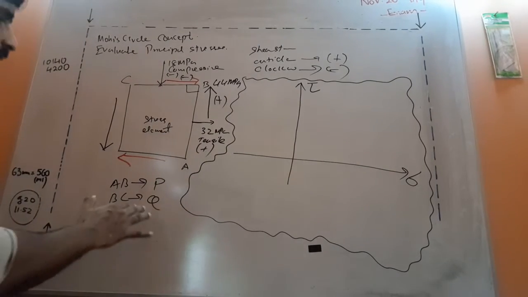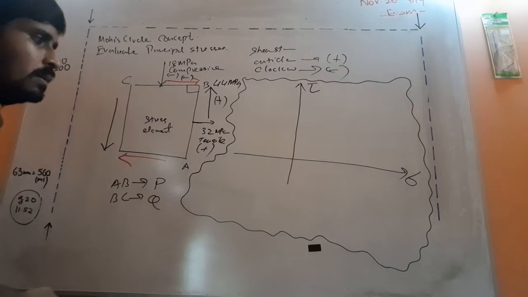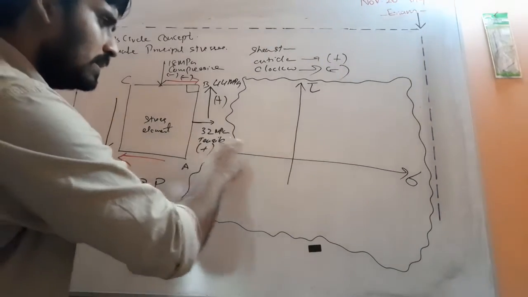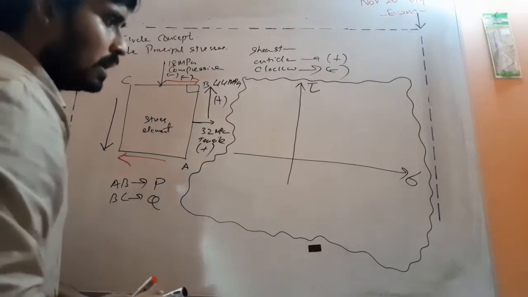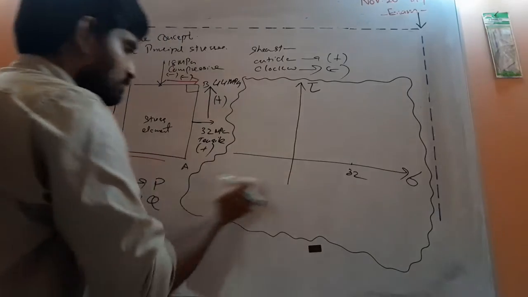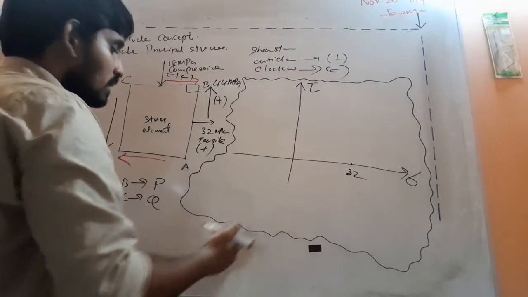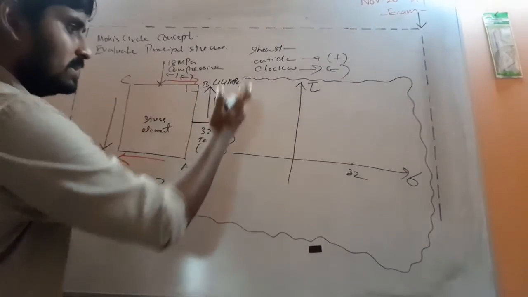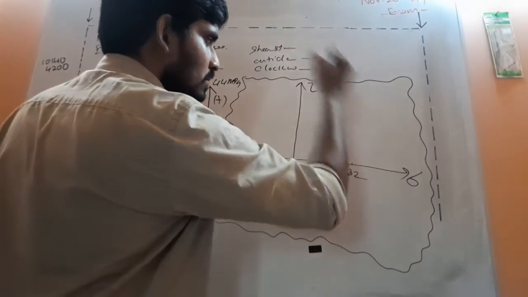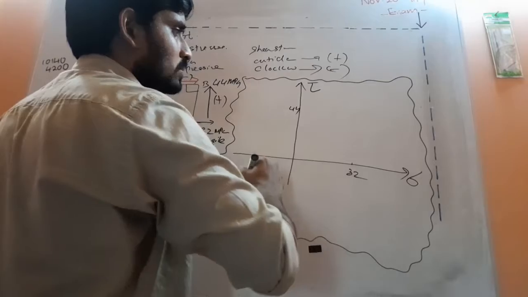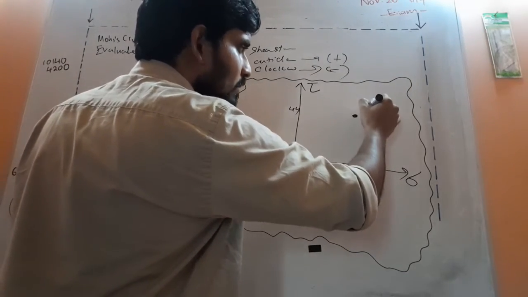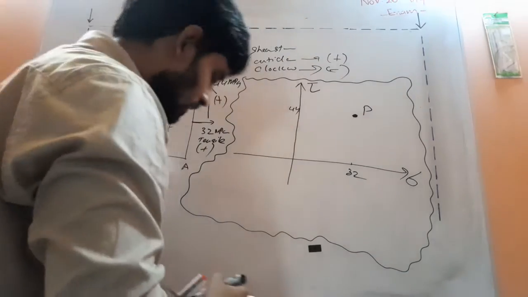So now let's consider point P. Point P means this side. What is the normal stress? 32. Okay, let's say 32 is here because it is positive, because of tensile. Shear stress on this side, that is also positive. So this is point P, okay, right.